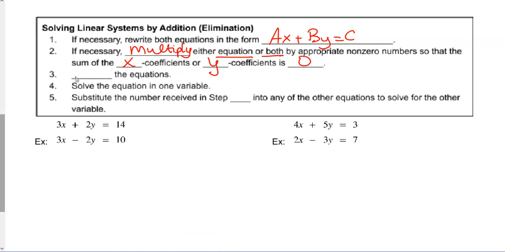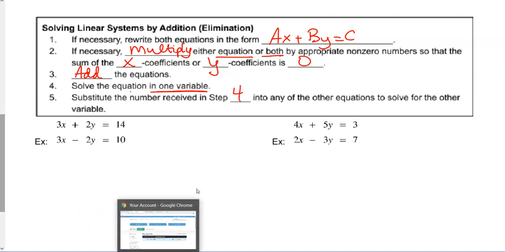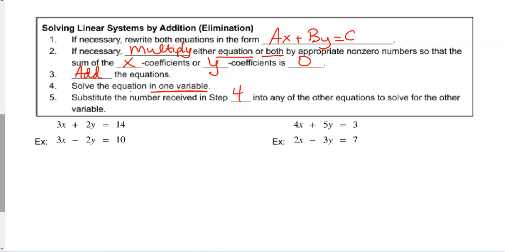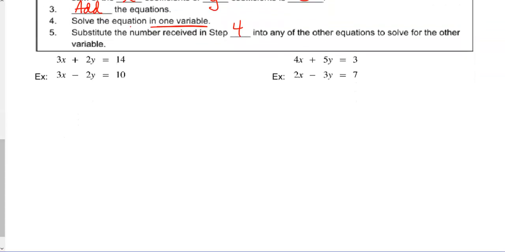Then we are going to add the equations together to do the elimination. Then we result in solving an equation in one variable again. And then we're going to substitute the number that we received in step 4 into any of the other equations to solve for the other variable. Okay? All right, very good.